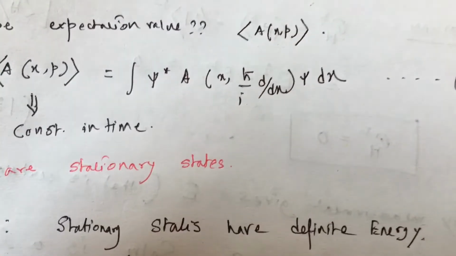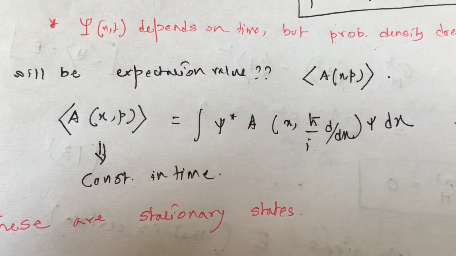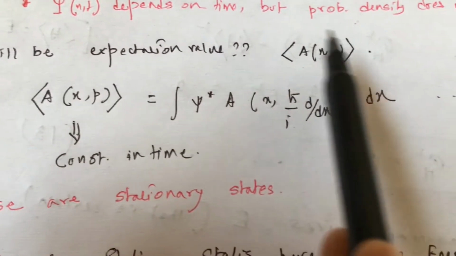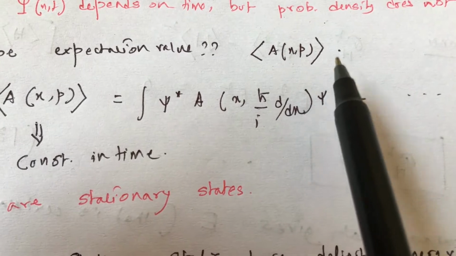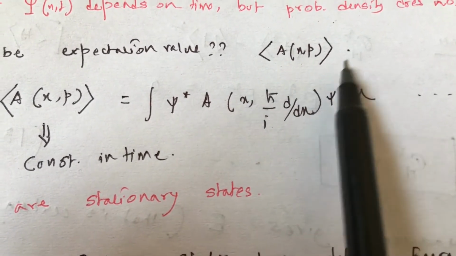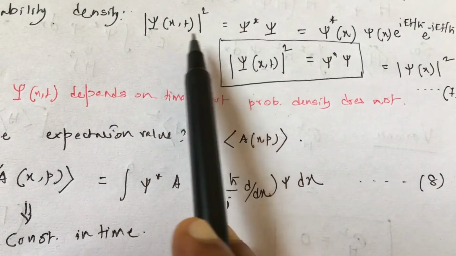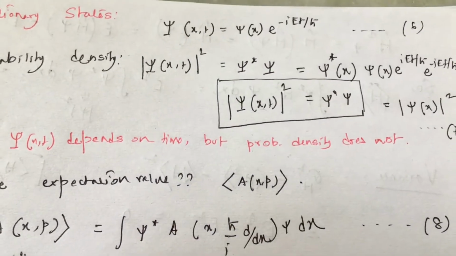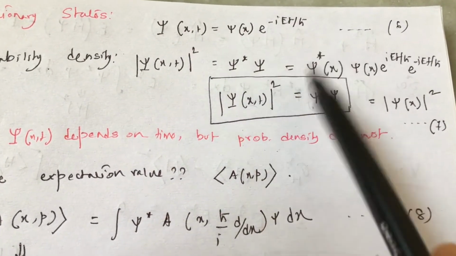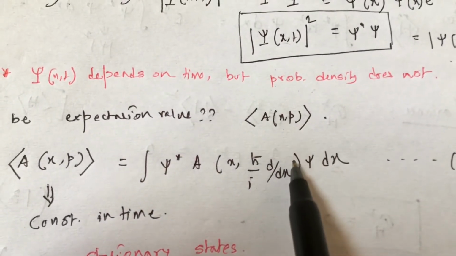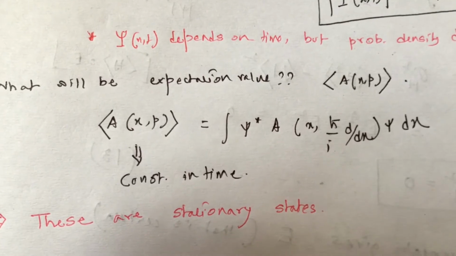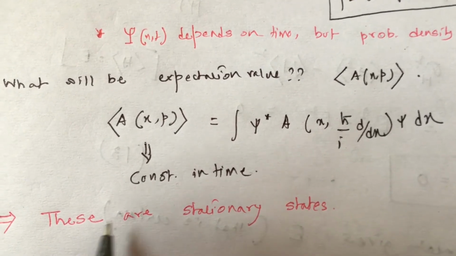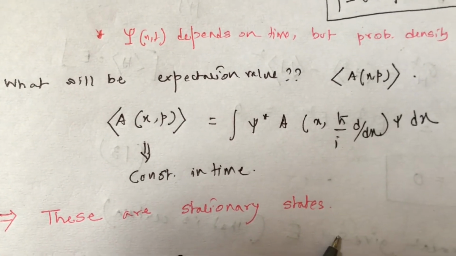Now what I meant by stationary states is, first we need to find the expectation value, and if this expectation value is constant in time, then I can call these stationary states. So my motivation is to find out the expectation value. If it comes out to be constant in time, the state is called a stationary state.